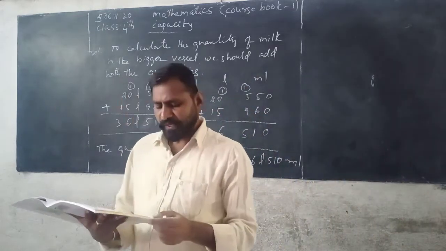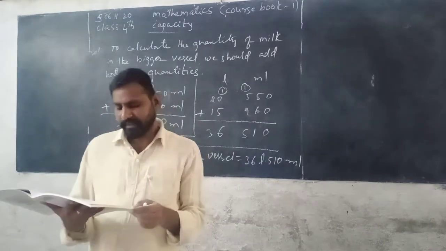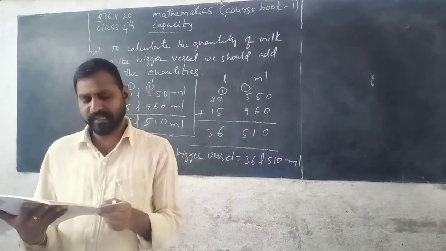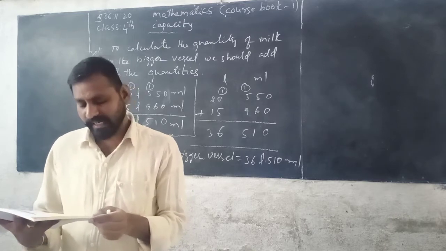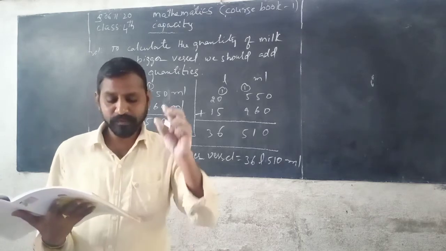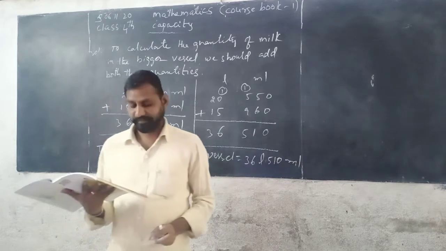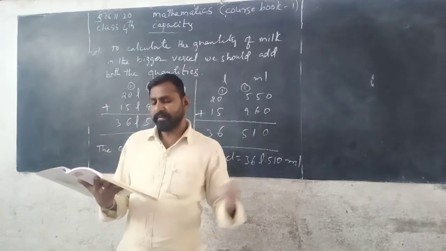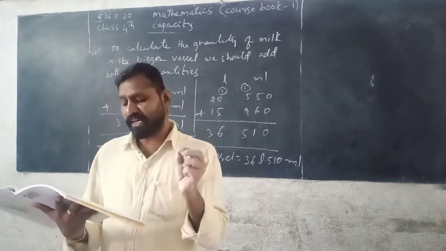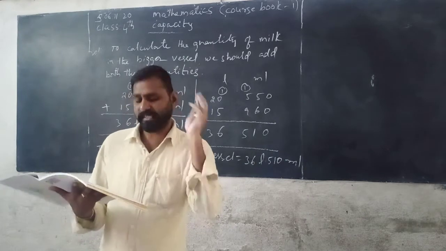Now next one. Sohan bought a 1 liter Maza bottle. He measured and gave 260 milliliters to his brother and 340 milliliters to his sister.